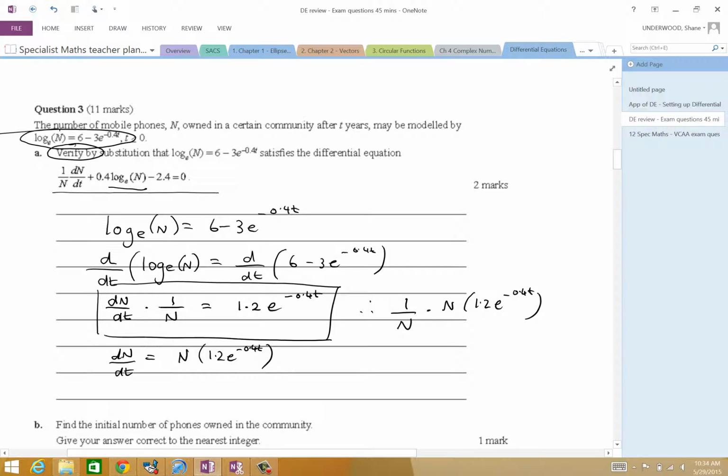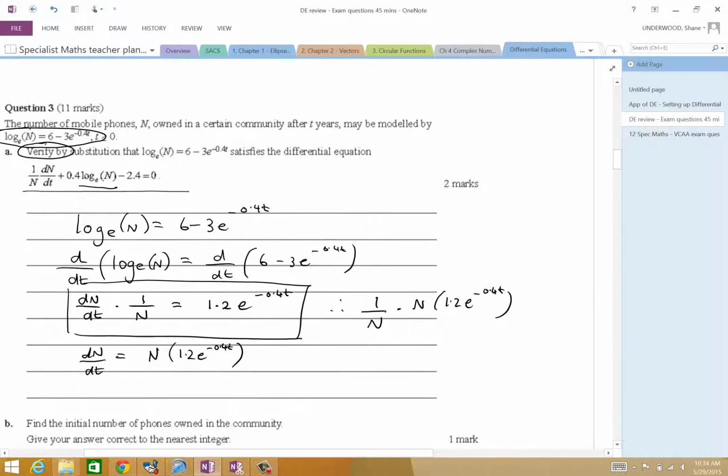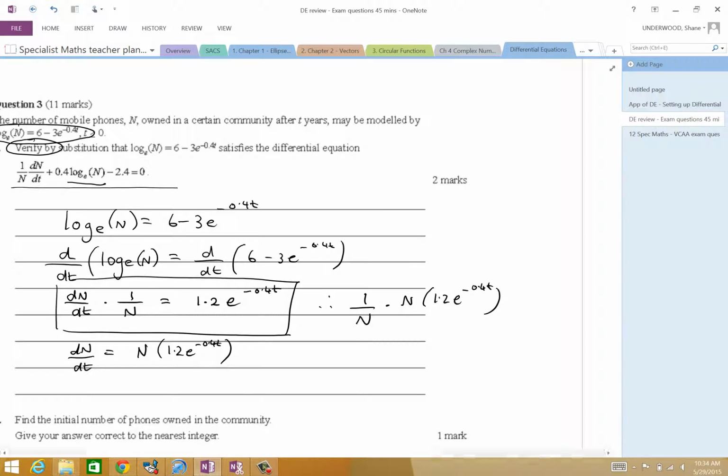What's that? So what I'm going to say is plus, and now of course you wouldn't split it over two lines, but it's hard to do it on this, 0.4 log e to the n. Well, log e to the n, I'm going to replace with that because the question's told me that. Now let's see what that equals. n over n is 1, that's 1.2, and by the way, there was a negative 2.4 there.